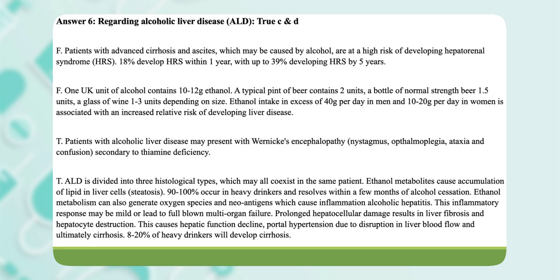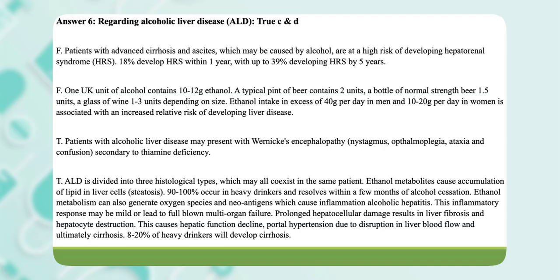1 UK unit of alcohol contains 10 to 12 grams of ethanol. A typical pint of beer contains 2 units, a bottle of normal strength beer 1.5 units, and a glass of wine 1 to 3 units depending upon the size.